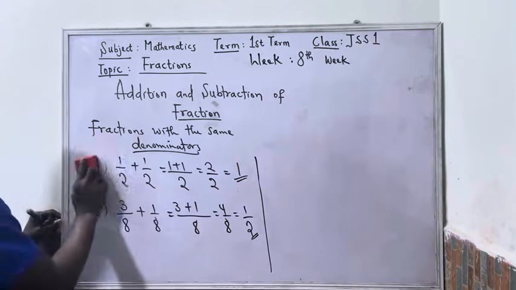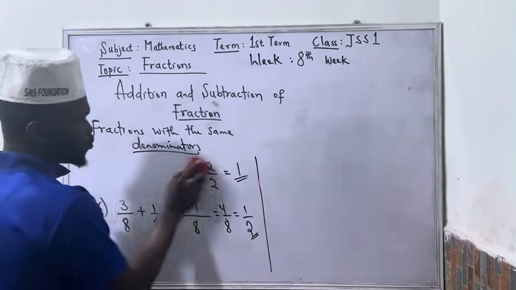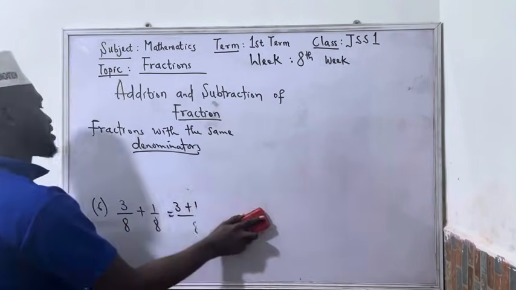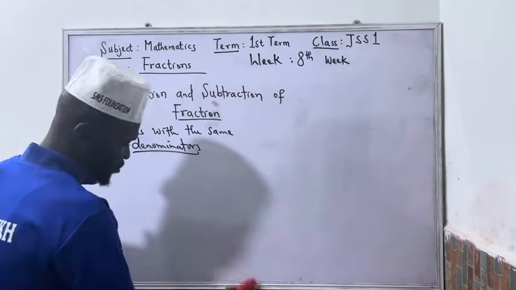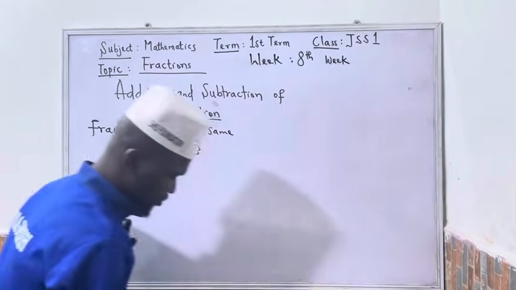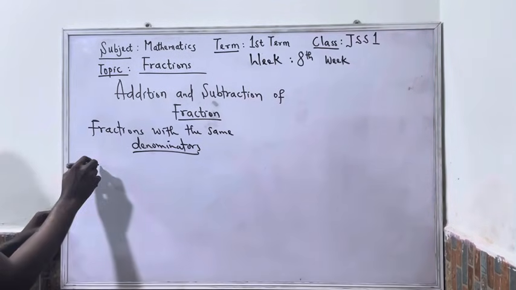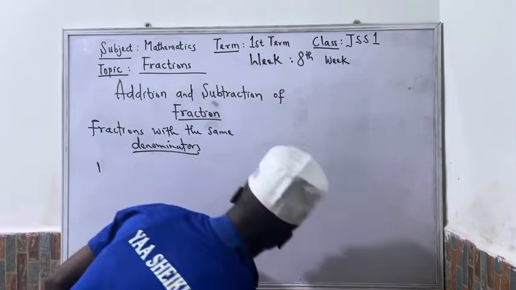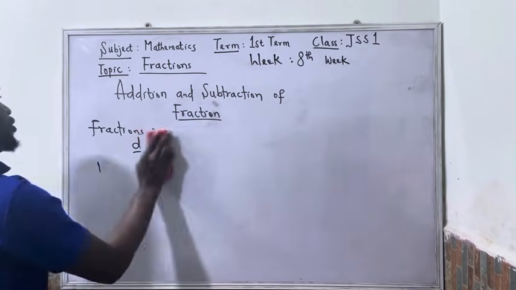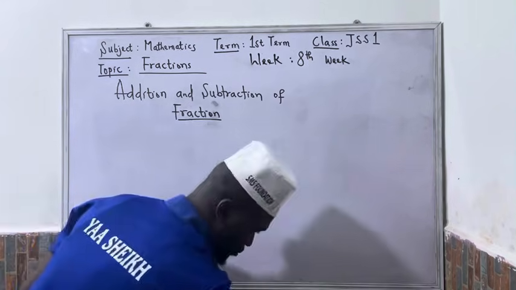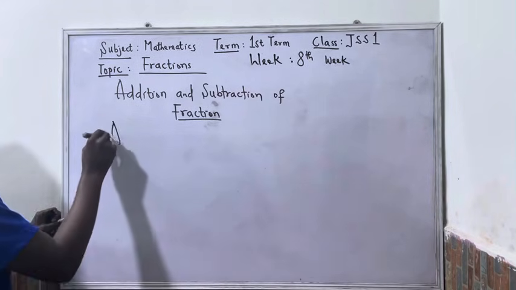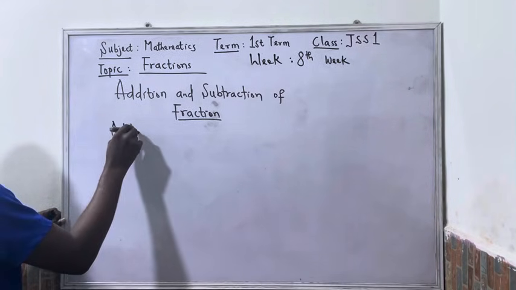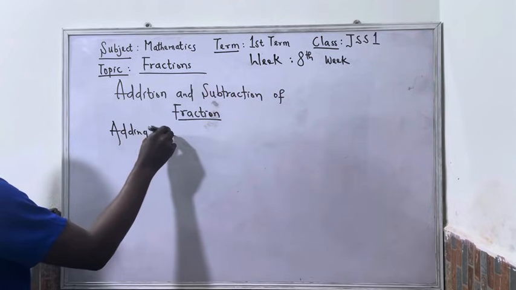Alright, now let us go to whole numbers added to fraction. So, for example, if you have a question like, I will start with, okay, let me claim this, adding fractions to a whole number.